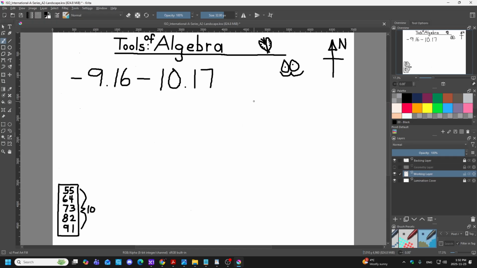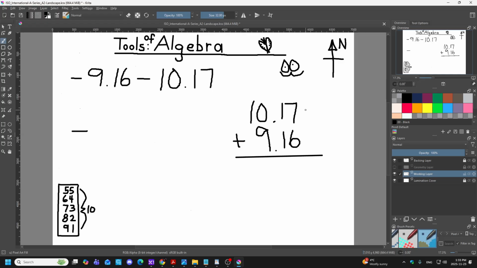Therefore, I could simply add 10.17 to 9.16. I know I said add, guys and gals, but if you're following along, you'll understand what I mean. I already know what my sign's going to be.